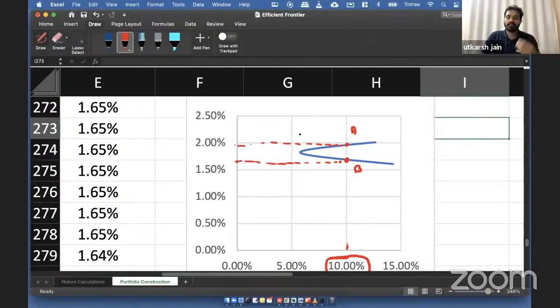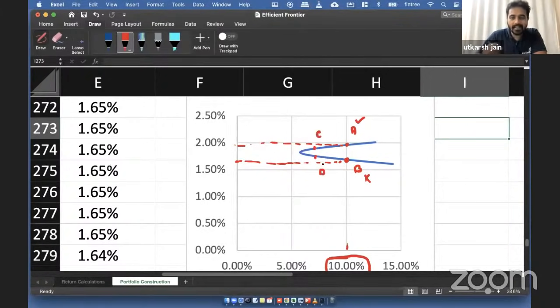So any person of rational mind would never select B. He would always select A, and that kind of makes sense, doesn't it? It gives you a better return for the same level of risk. Do you agree?